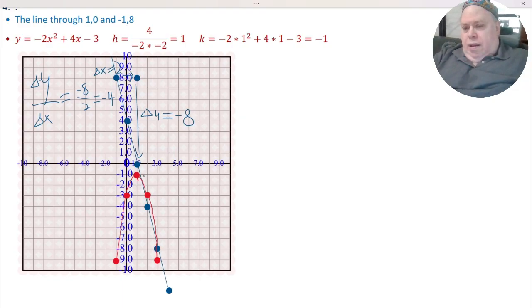Up here, that looks like 1.5, comma, minus 1.6.